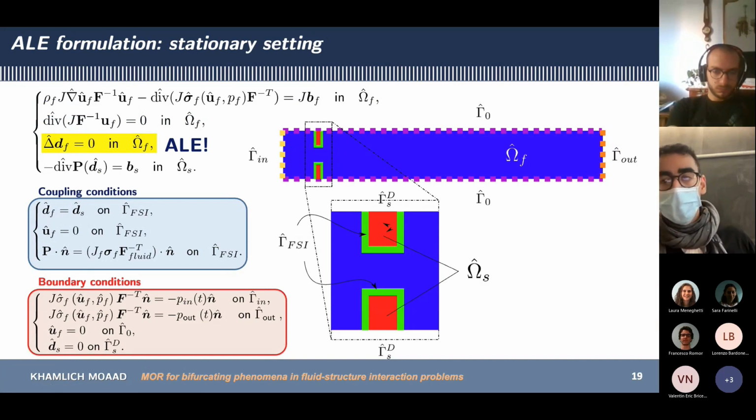And the system then obviously needs to be completed by coupling conditions between the two phases. In this case, we will have the Dirichlet boundary condition I was speaking about at the interface, but also the equality between the velocities and the equality between the stresses at the fluid structure interface.